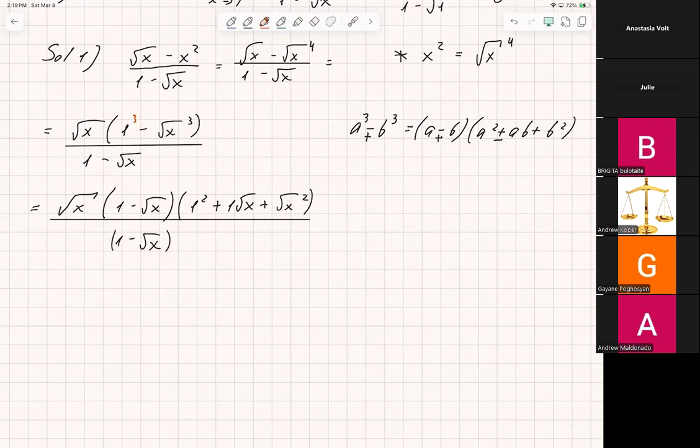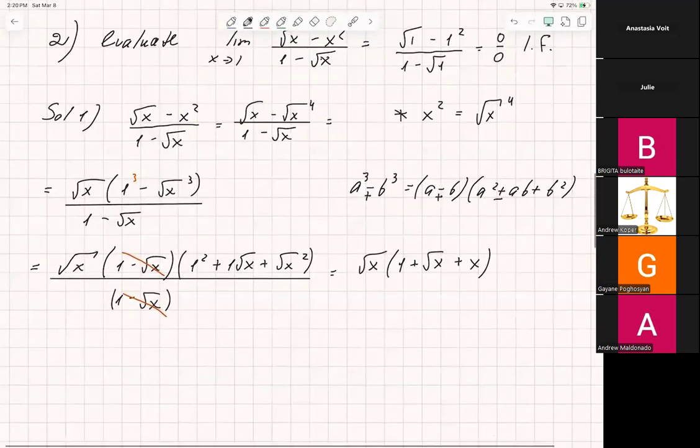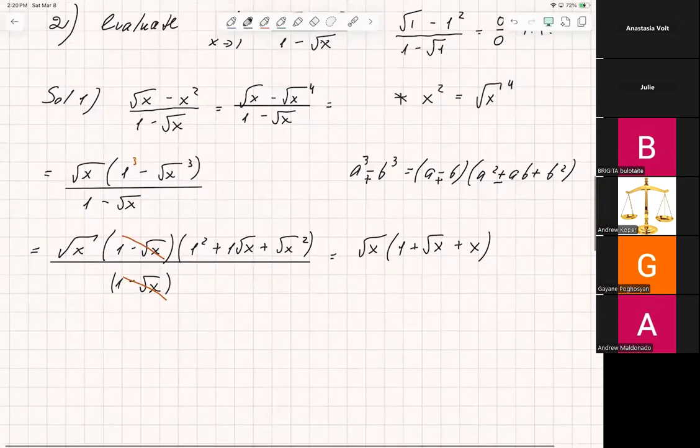Now, as you can see, we can cancel these two, right? And we will have, let me simplify this factor here. So we have square root of x, 1 times 1 plus square root of x plus x, right? So this is what we have. And you would add a limit everywhere, right? I just showed you how to simplify it without applying the limit yet.